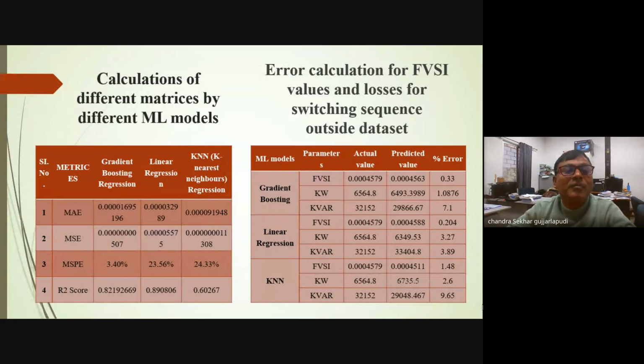Those metrics are MAE, mean absolute error, mean square error, R2 score, and mean square percentage error. After doing that, we have seen that the gradient boosting technique is giving better results.